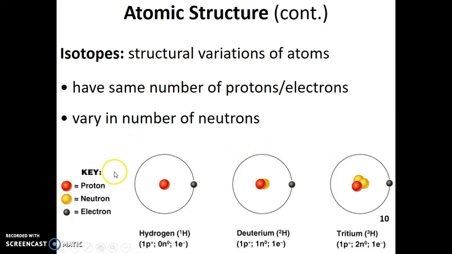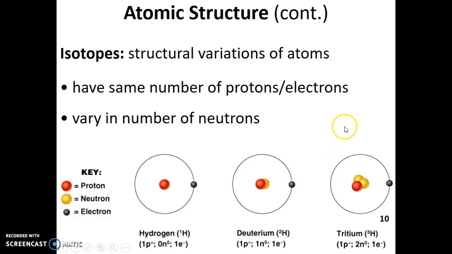So here we have 3 forms of hydrogen atoms. Hydrogen in its natural form, in its most common form, has 1 proton, 1 electron. Hydrogen that's associated with heavy water or hard water, which you've heard of, I'm sure, has 1 proton, 1 electron, and 1 neutron, so it's heavier.